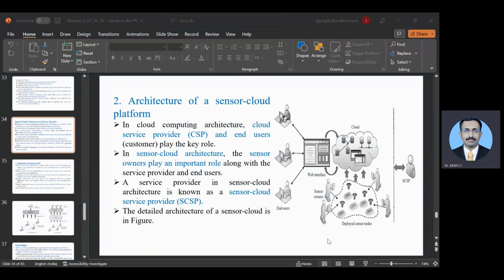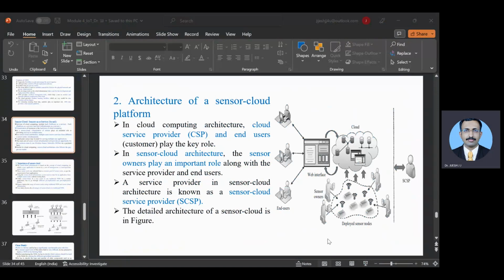Now today we will discuss the architecture of sensor cloud. So what do you understand by architecture of sensor cloud? You can say that this is the entire architecture of the sensor cloud, where the cloud computing architecture, the cloud service provider, we call it CSP, cloud service provider CSP, and the end user, as we have studied.